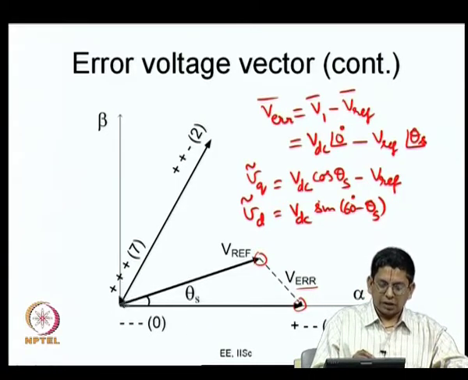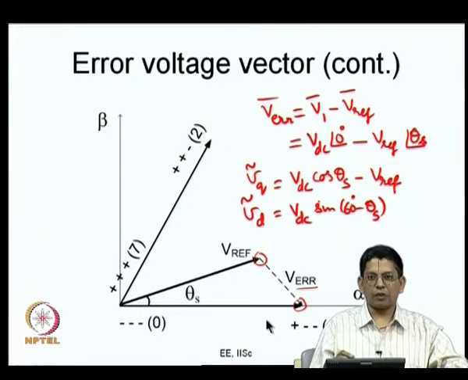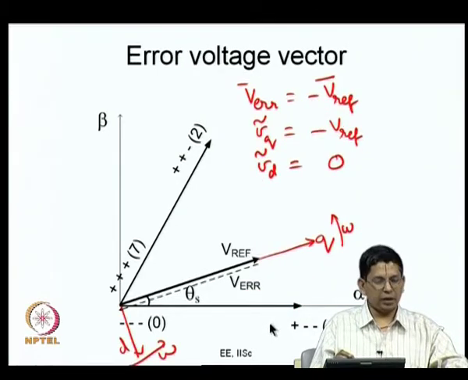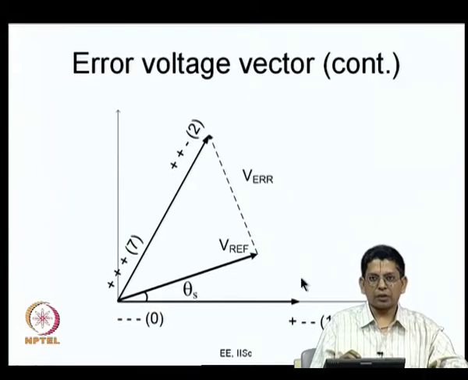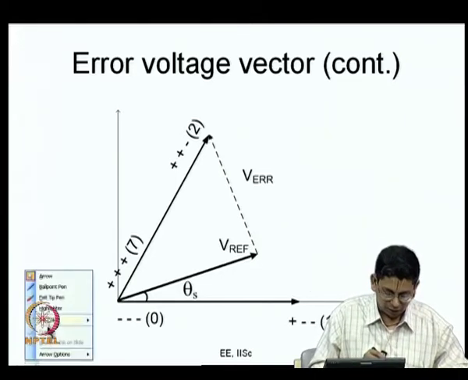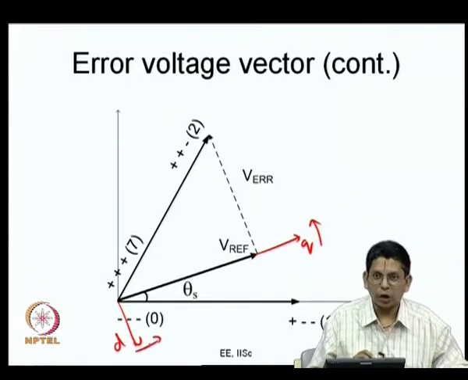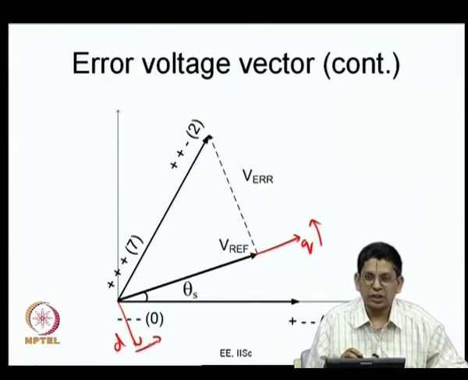Now, we have covered the case of the null vector, we have covered the case of active vector 1, and the only thing remaining is the active vector 2. So, let us go to this active vector 2. Here we can consider this your q axis and this is the d axis, and both are revolving at omega, but now you are considering a snapshot. They revolve at the fundamental frequency, while your sampling time is much smaller.